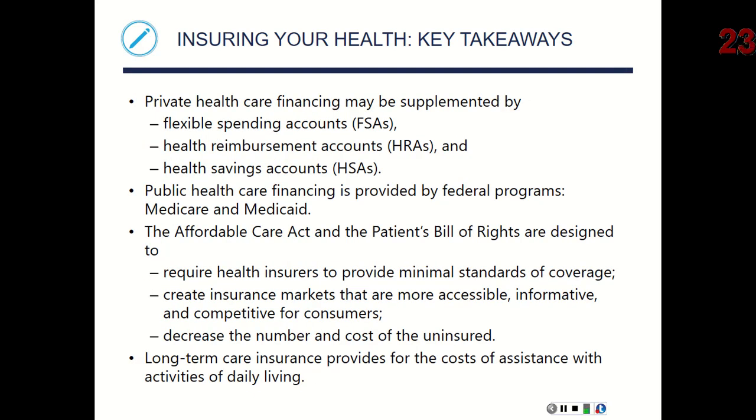Whether we have coverage or not, we have access to FSAs and HSAs, which would be the big ones out of that section. And then once we reach a certain age, we can qualify for Medicare and Medicaid, and we have the opportunity to take advantage of the Affordable Care Act as well.